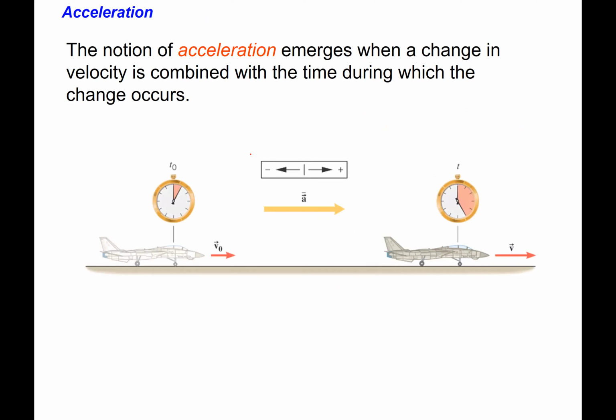The notion of acceleration emerges when a change in velocity is combined with the time during which the change occurs. So now we have another equation. We call it acceleration, which is simply the change in velocity over time.